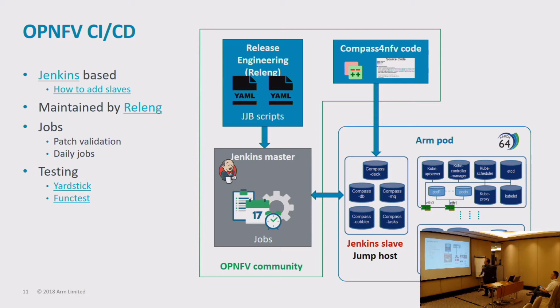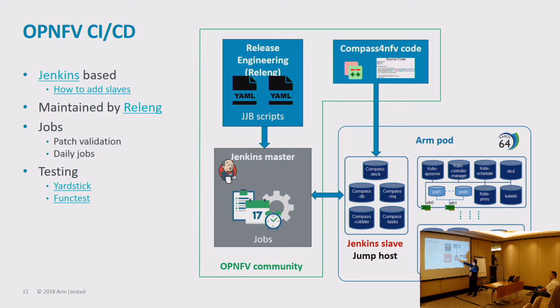Now I will introduce OPNFV, CI, and CD. For OPNFV, I just said this is an integration project. So continuous integration and CD is very important for the OPNFV project. Basically, the OPNFV community provides the infrastructure in these green boxes. It provides the Jenkins masters.